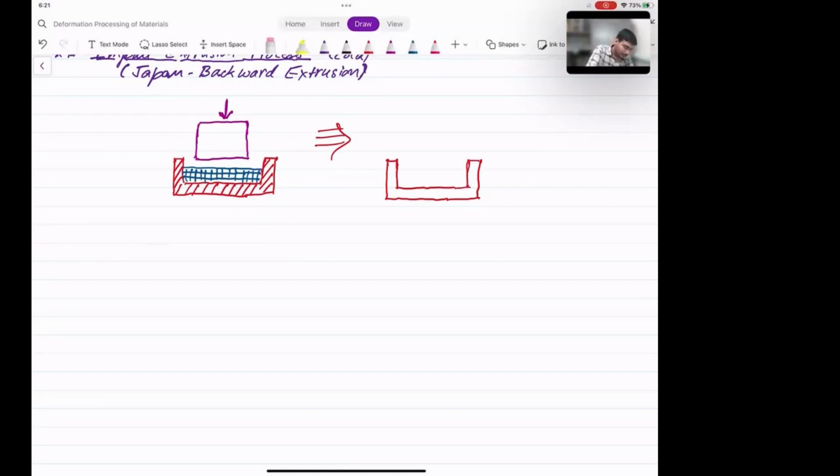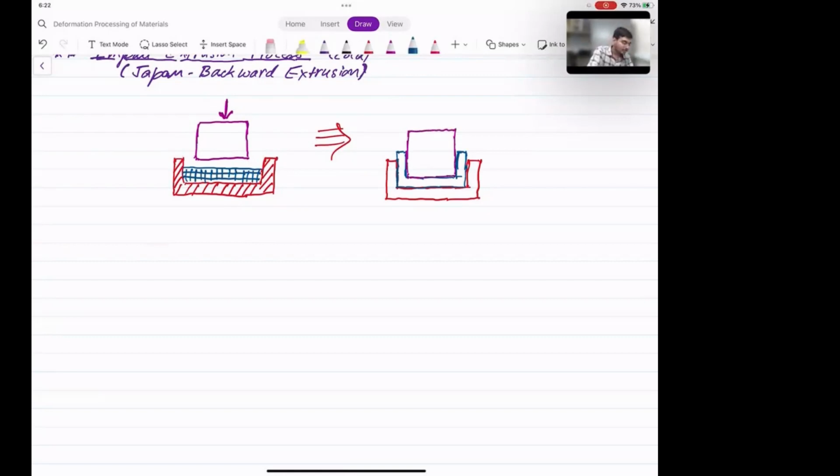So it becomes something like this. It has been converted into the product. And the punch which pressed it is like this. This was the punch which pressed the billet to form this shape. Okay.